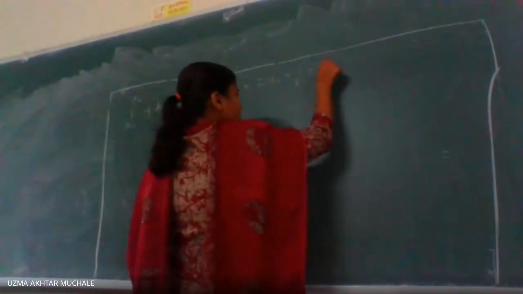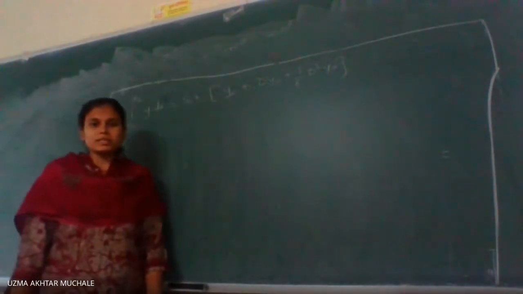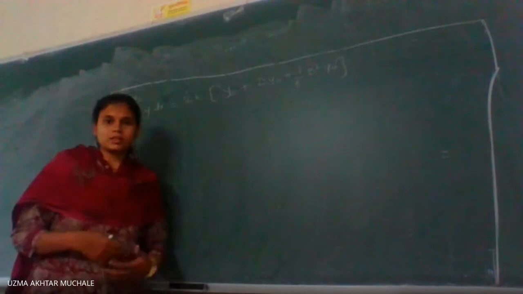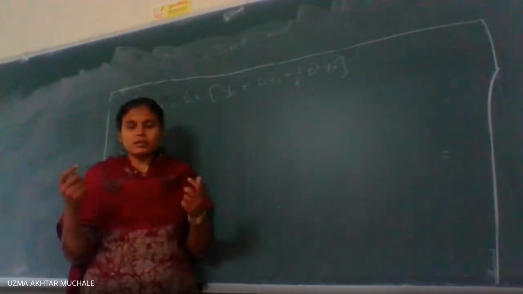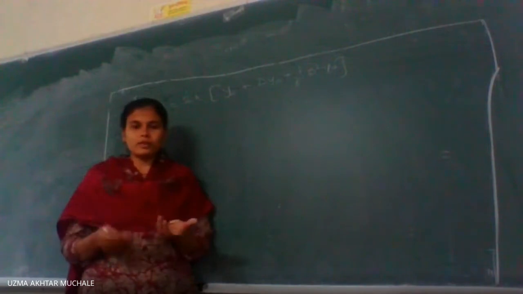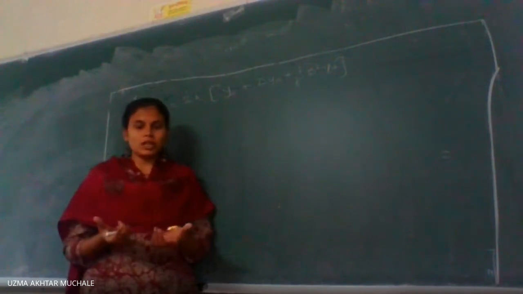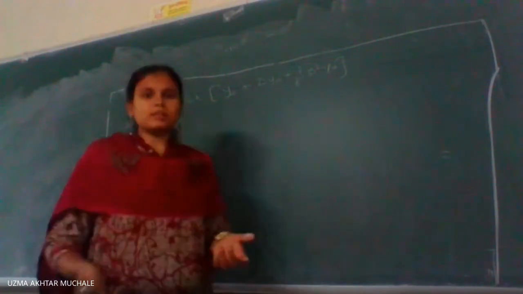In the last lecture we already discussed the meaning of the trapezoidal rule. That is why the name is trapezoidal: whatever area under the curve we are going to find, that is nothing but the integration. Integration means area under the curve.